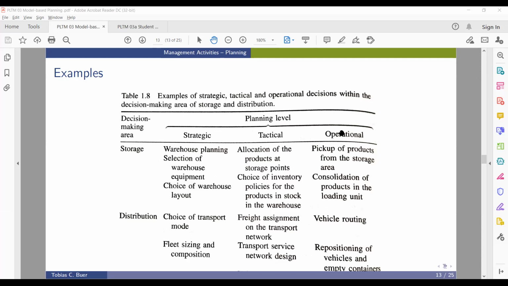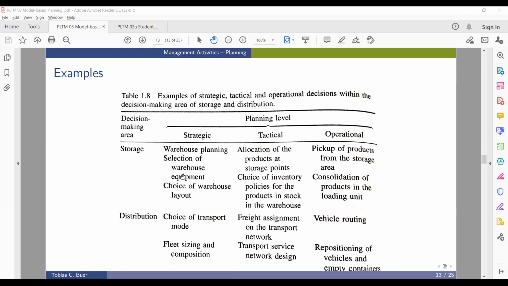Under the storage dimension, they say as a strategic decision, the selection of warehouse equipment, in particular equipment that influences the operation of the warehouse. For example, a conveyor belt, or whether you should use manual order picking by laborers, or use robots to pick your goods. And this has a big impact on the whole operations in the warehouse, and therefore is considered a strategic decision.